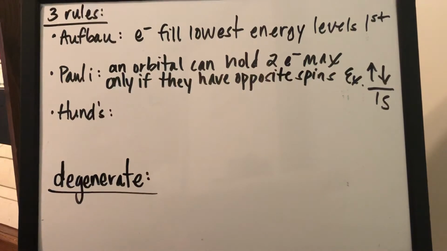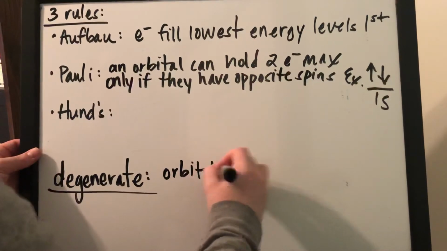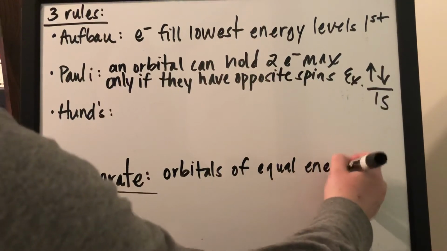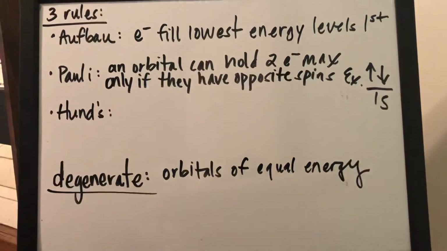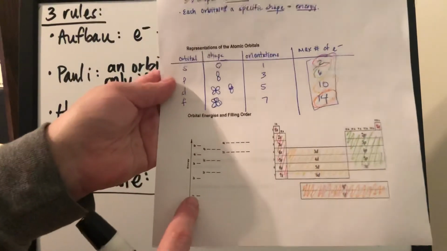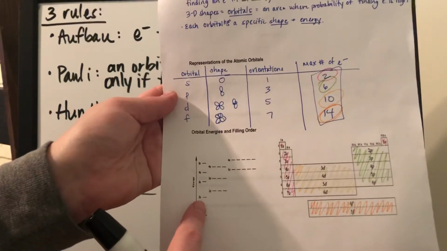Okay, the word is degenerate, and all it is, is orbitals of equal energy. So if you go back to your chart here, where it was showing you based on the energy, if you notice, the 1s, there is no other orbital with this energy. The 2s, there's no other orbital with this energy.